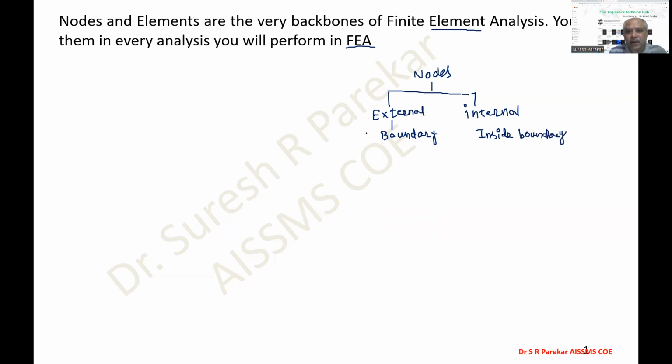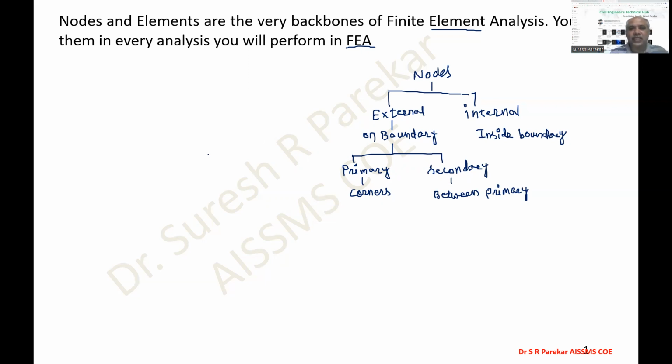Here again we define two types: one is primary, and second is secondary. Primary nodes are always at corners or at ends, and secondary nodes are between the primary nodes. So this is, in short, the classification of nodes.